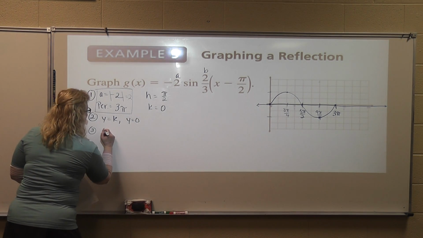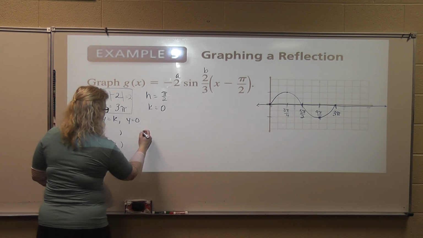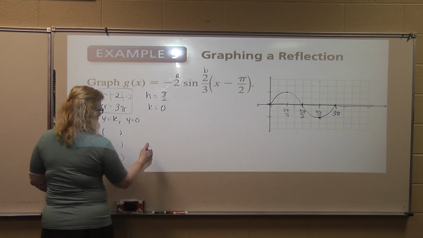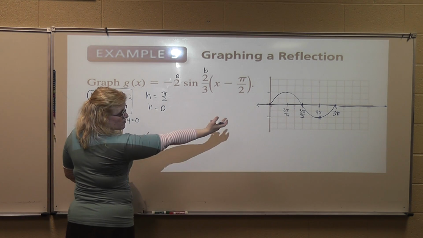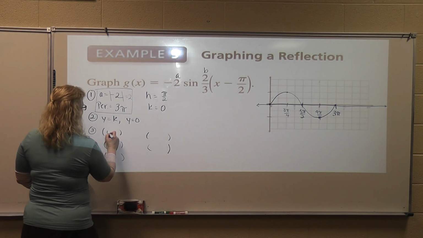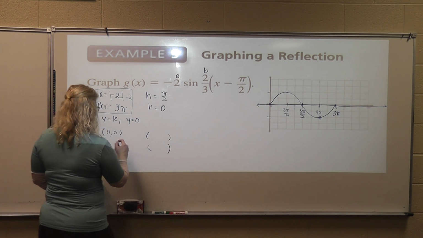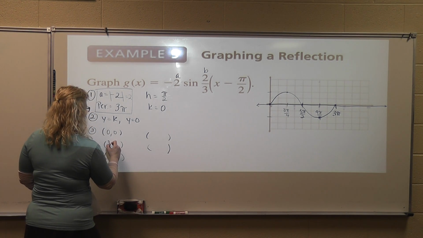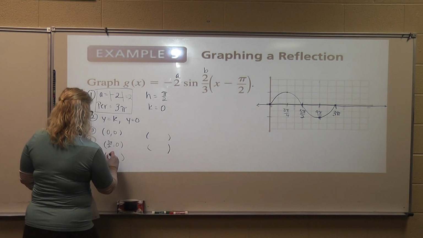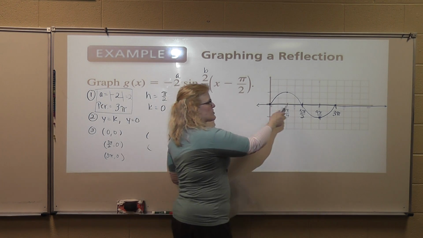So I'm going to look again at my 5 points that help me, and I've already put them on there physically, but we've got 0, 0, we've got 3/2 pi, or 3 pi over 2, 0, and we have 3 pi, 0. Those are all of my x-intercepts.